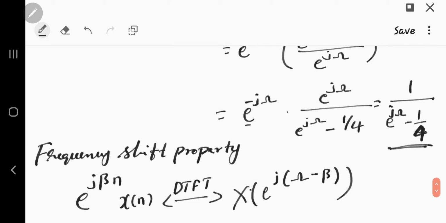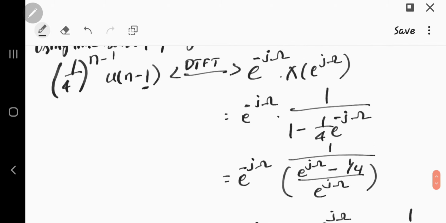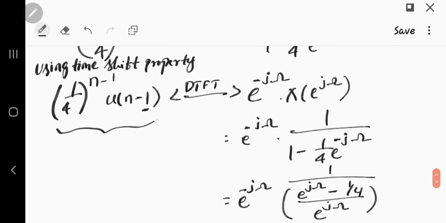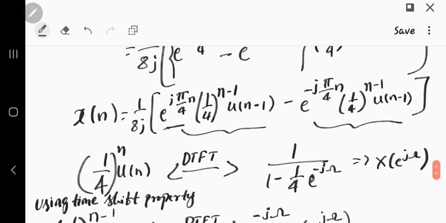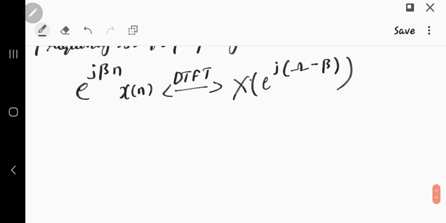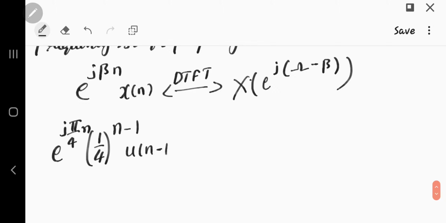Now, if you observe, we have x of n e power j beta n, so this entire signal is considered x of n. Next we deal with e power j pi by 4 n. In place of beta we have pi by 4. Based on this assumption, we can write it using the frequency shift property: e power j pi by 4 n into (1 by 4)^(n minus 1) u of n minus 1.